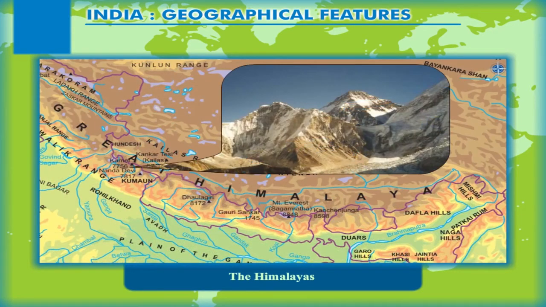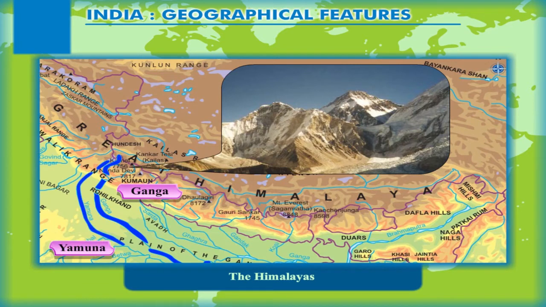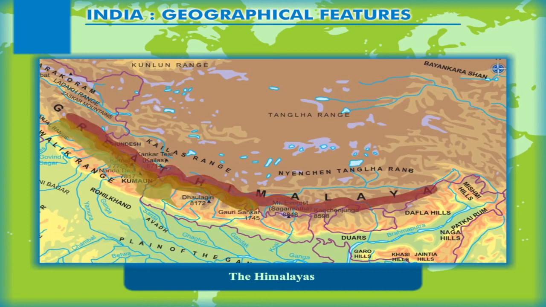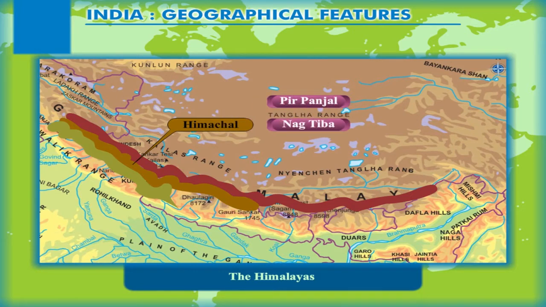The Himadri is also the source of some important rivers like the Ganga from Gangotri Glacier and Yamuna from the Yamunotri Glacier. The Middle or Lesser Himalayas or Himachal. Among the 3 parallel ranges, the Himachal lies in the middle and is lower than the Greater Himalayas. The Pir Panjal, Nag Tibba, Mahabharat and Mussoorie ranges are all a part of the Middle Himalayas.